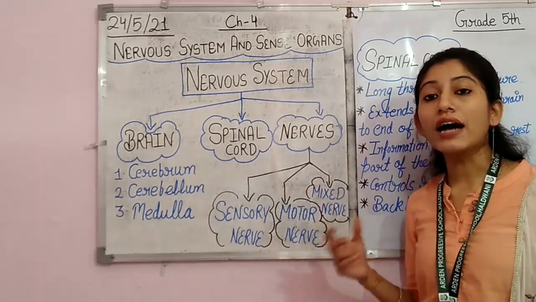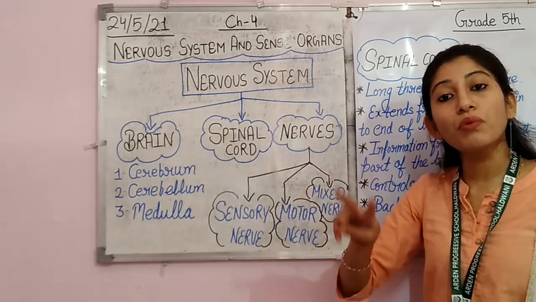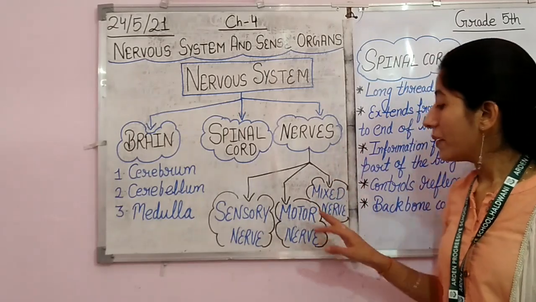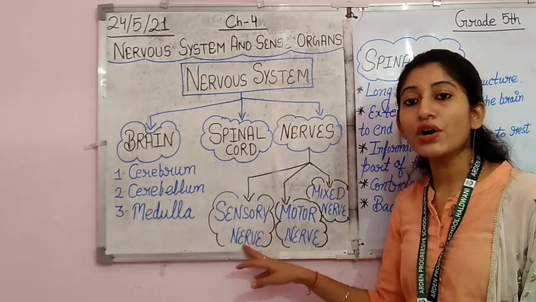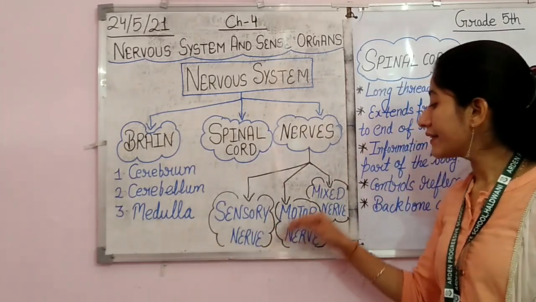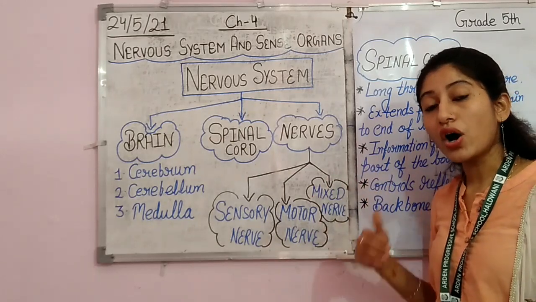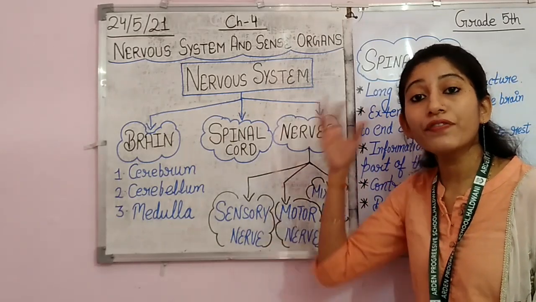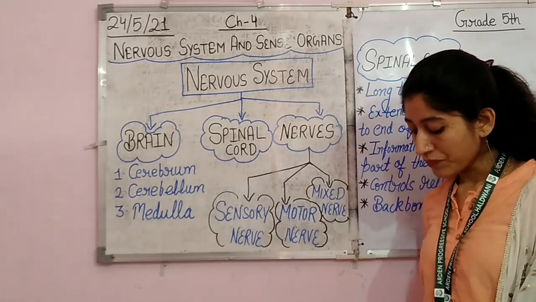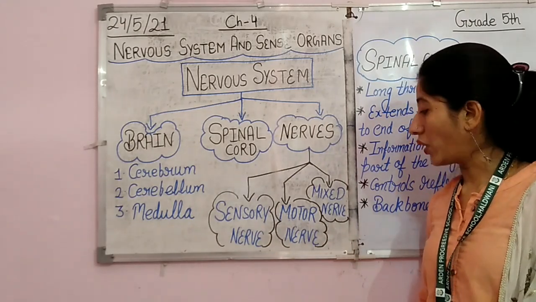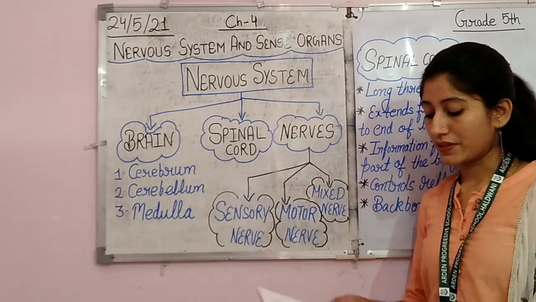And mixed nerves are the nerves which show both functions together. They carry messages from the sense organ to the brain, and they also carry orders from the brain to the muscles of the body. So these nerves are called mixed nerves.